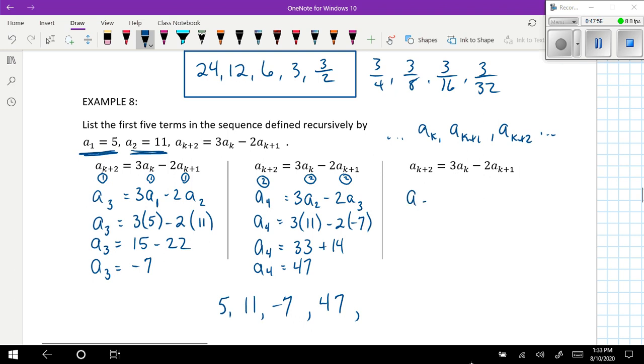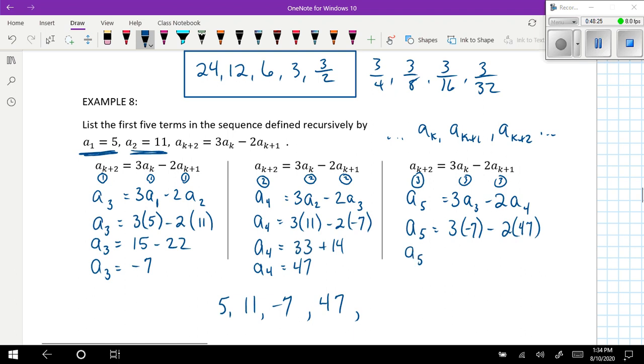Let's move on to a sub 5. If I want a sub 5, then my k value has to be a 3. So I'm going to put a 3 everywhere I see k. This is 3a sub 3 minus 2a sub 3 plus 1, which makes 4. So my a sub 5 is 3 times this minus 2 times that. A sub 3 is negative 7, and a sub 4 is 47.